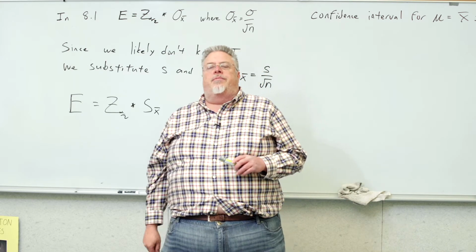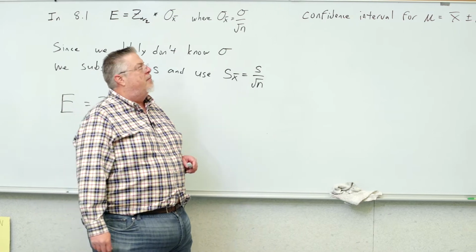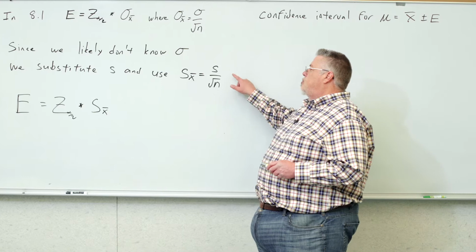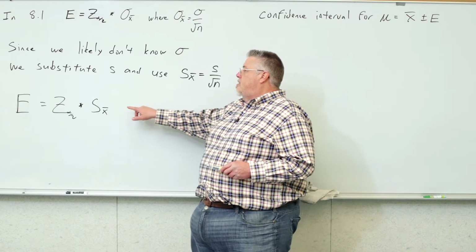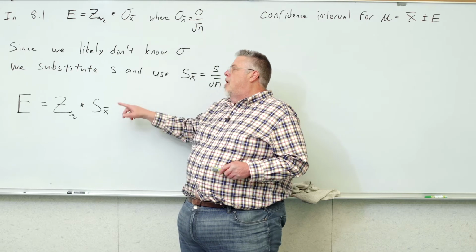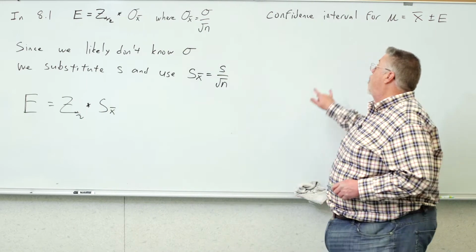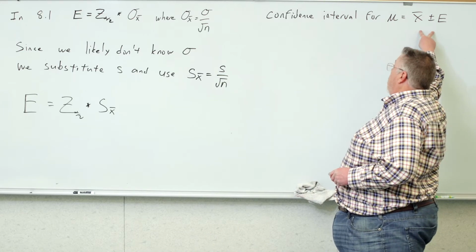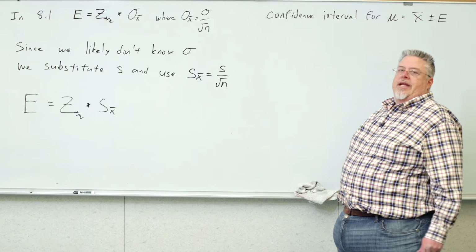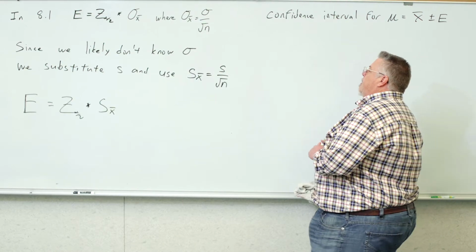They were making 90% confidence intervals and finding they weren't correct 90% of the time. And the problem was S was a little bit too small, so this was a little bit smaller than sigma of x bar. We weren't getting a big enough E. We weren't making a wide enough confidence interval, and my 95% confidence interval wasn't right 95% of the time. So we're going to make an adjustment.